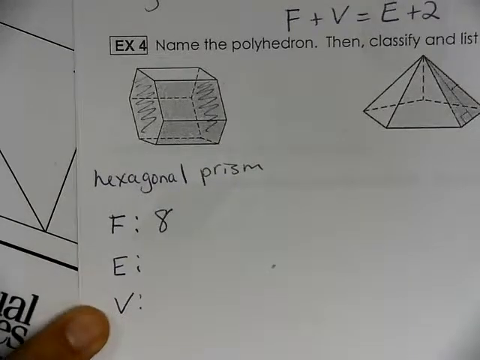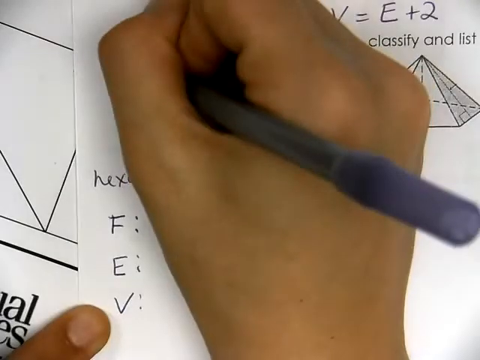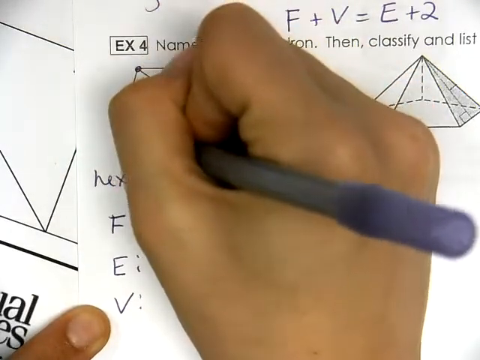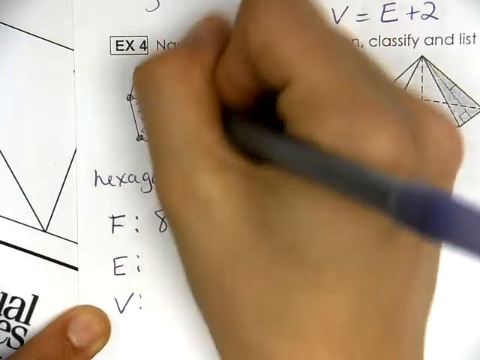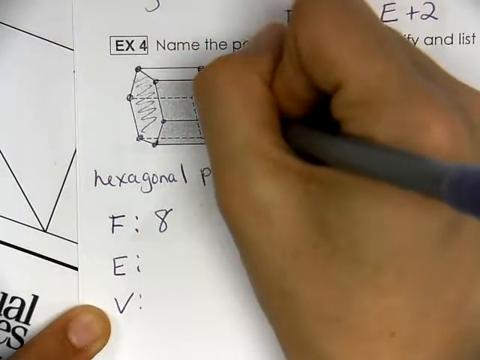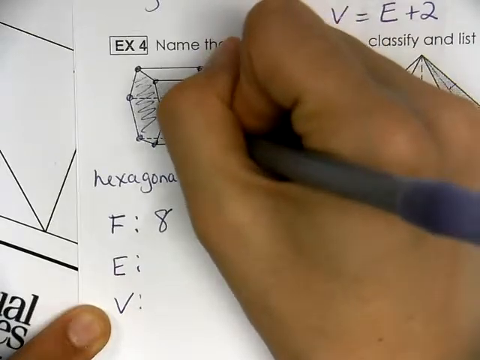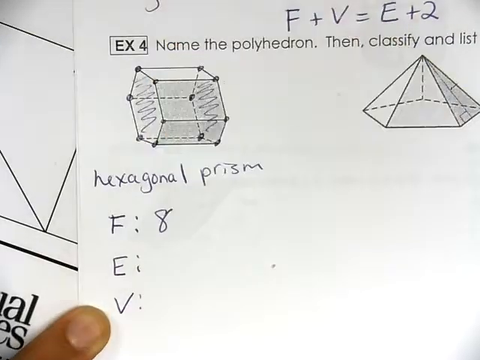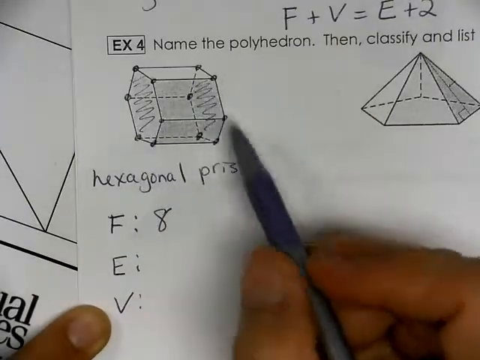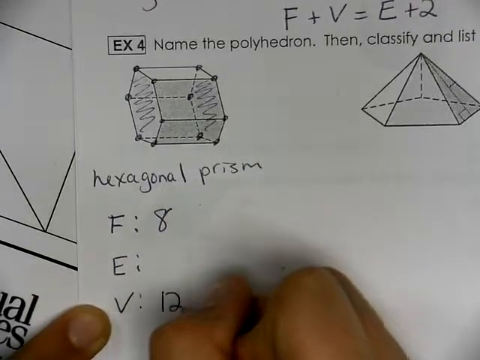Personally, I do vertices. Vertices is like all the corners. So I just take my pencil and I just look. 1, 2, 3, 4, 5, 6, 7, 8, 9, 10, 11, 12. So I just look, where do they all connect? There's 12 vertices.